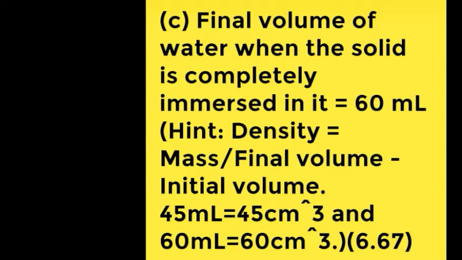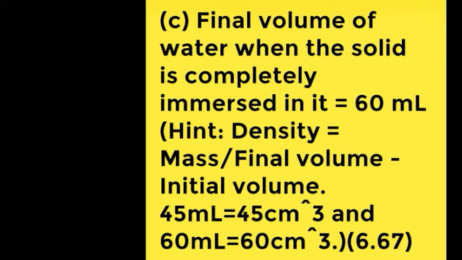Part C is the final volume of water when the solid is completely immersed in it, equal to 60 ml. As we know, the mass of the solid is 100 gram, the initial volume of water in the cylinder is 45 ml, and when the solid is completely immersed in water, the water level rises up, and now the final volume is 60 ml.